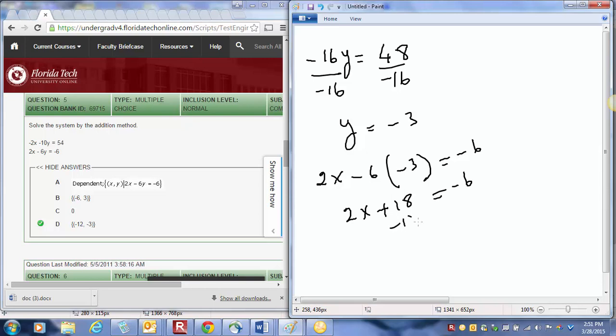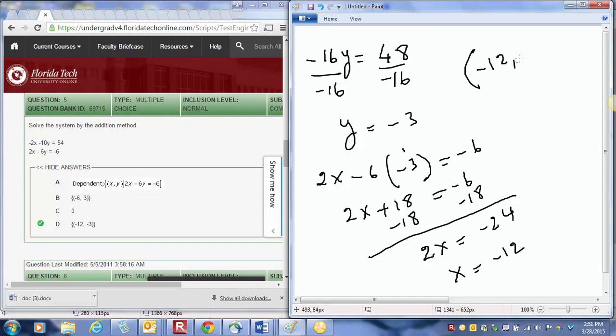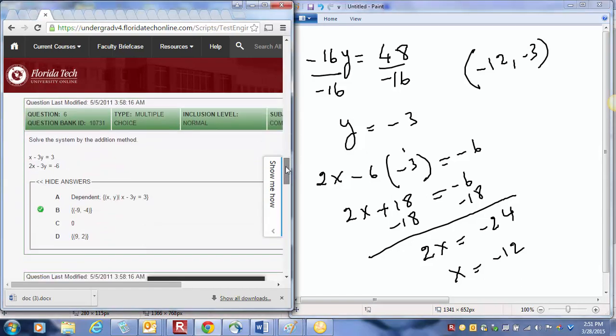If you subtract 18 from both sides, you end up with 2x equals negative 24. Divide both sides by 2, x would be negative 12. So negative 12, negative 3 is the solution, which is D. Let's go to the next.